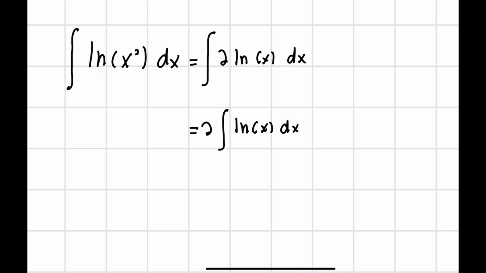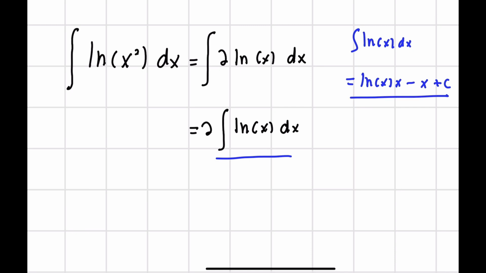And if you remember from our first example, the integral of ln x is equal to ln x times x minus x plus c. And we could just substitute the integral of ln x for this. So we have 2 times ln x times x minus x plus c.